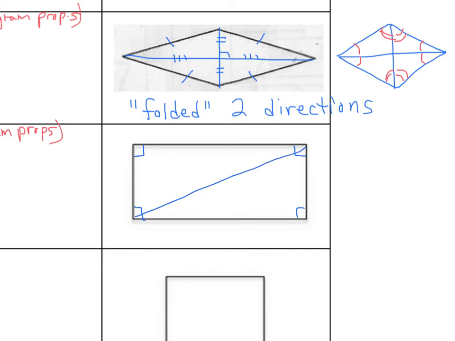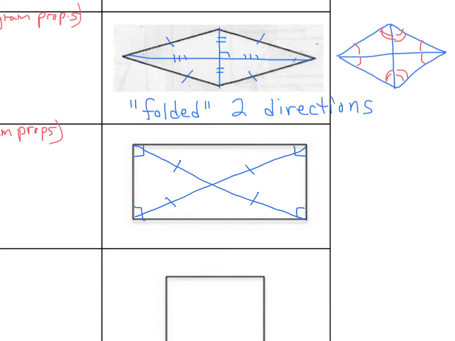We've got diagonals drawn in. And because it's a parallelogram, we know it's going to bisect itself, going both directions. But because it's a rectangle, both of the diagonals are the same length, so all the halves of the diagonal have to also be the same length.